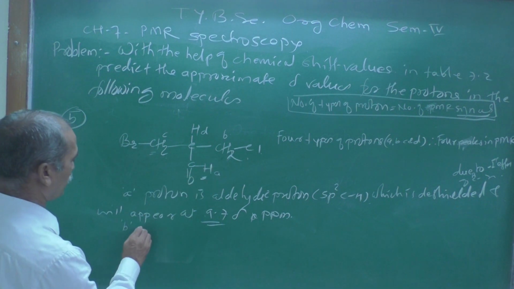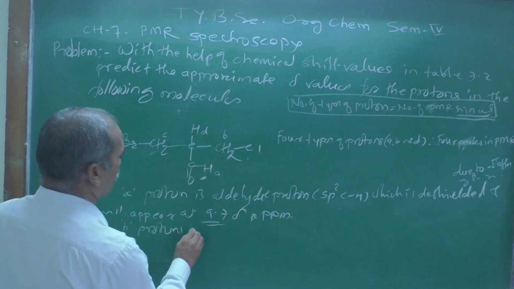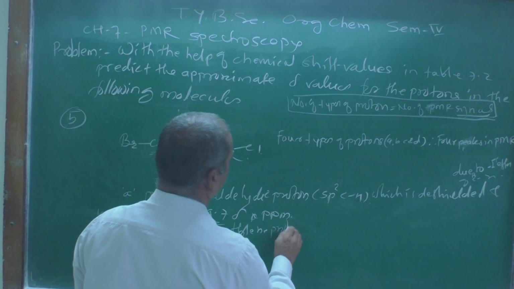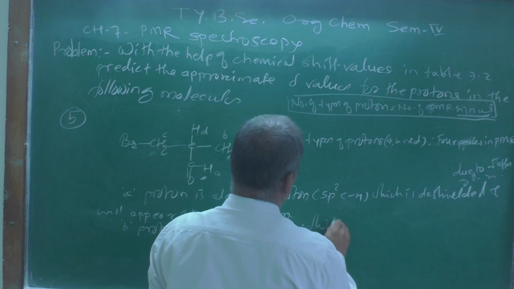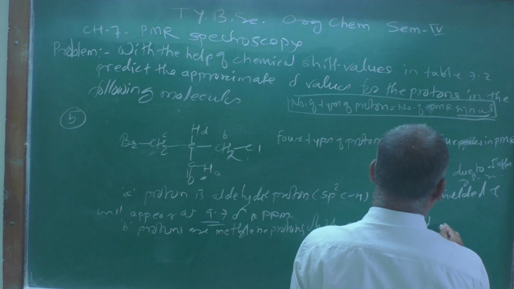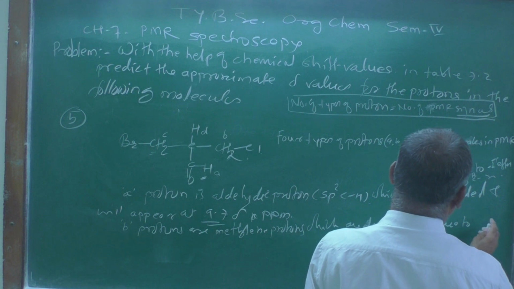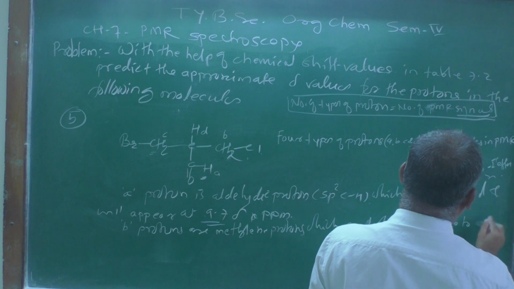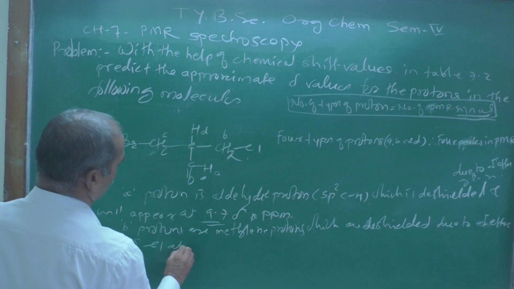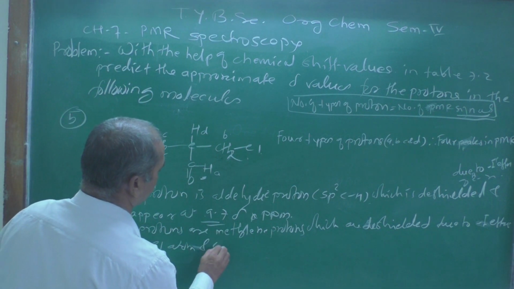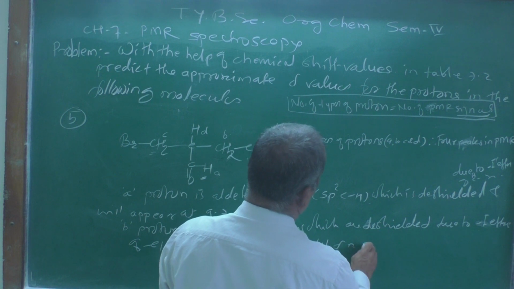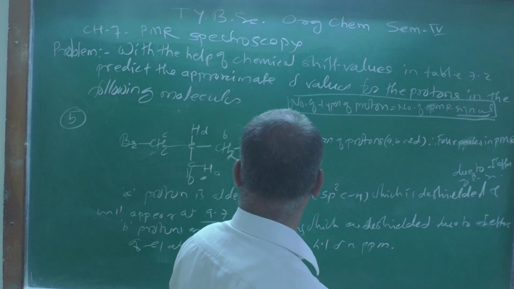Here B protons are methylene protons which are de-shielded due to the minus I effect of the chlorine atom, and will appear at 4.1 delta or ppm.